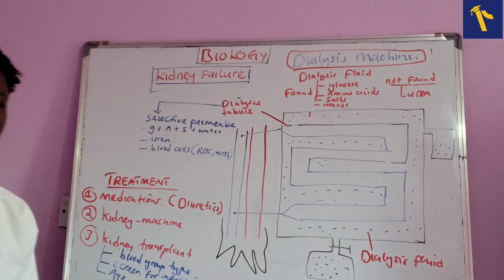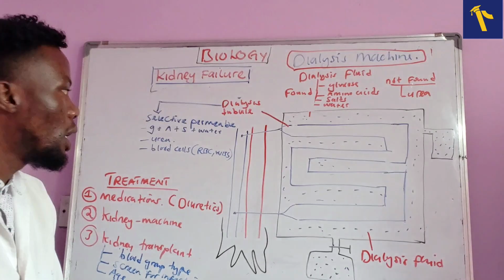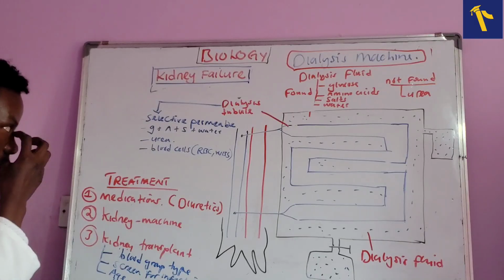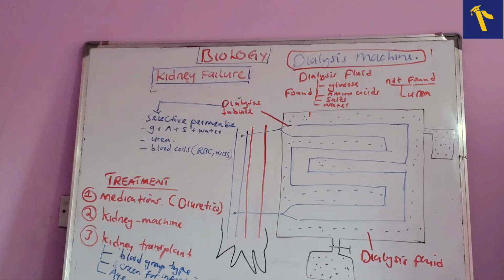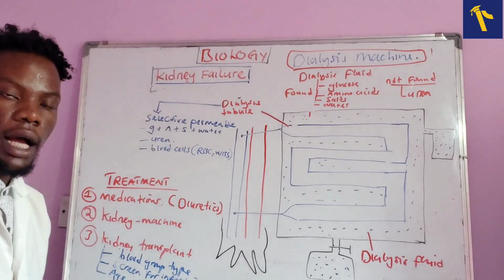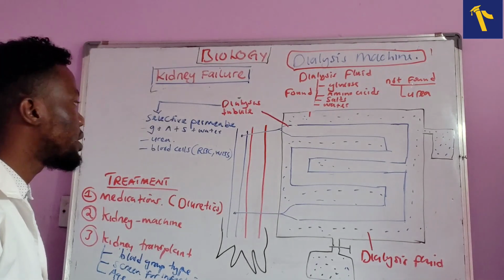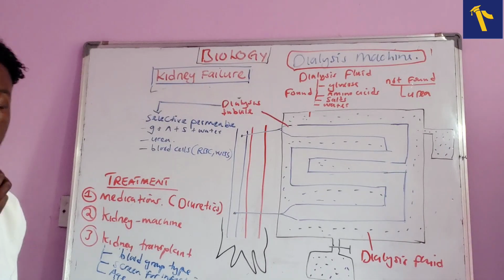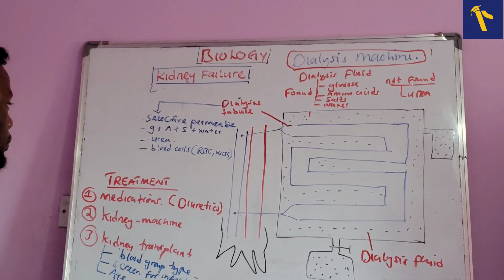So all the blood cells can be found inside the dialysis tubing. Okay, so that's what you need to understand about the dialysis tubing: the components that can be found inside it, as well as why it is called selective permeable.